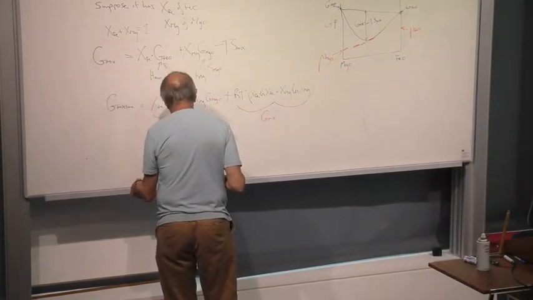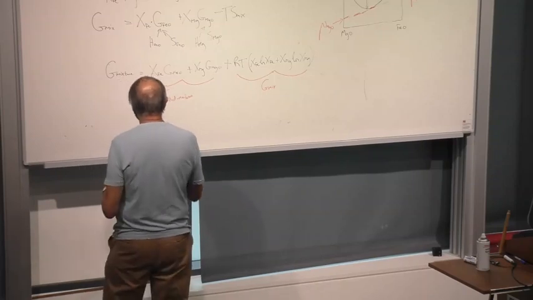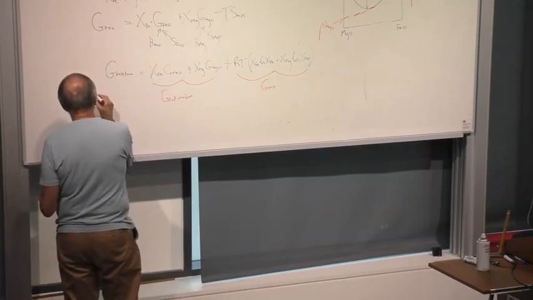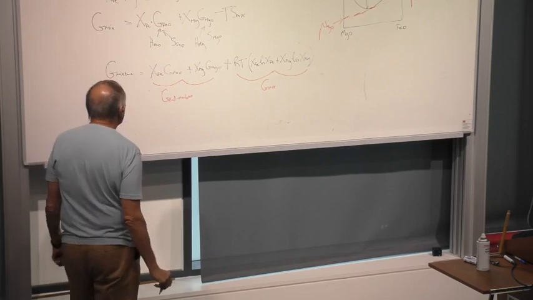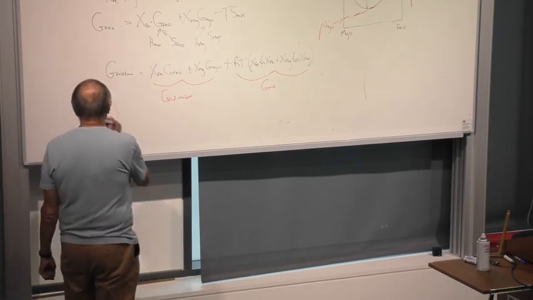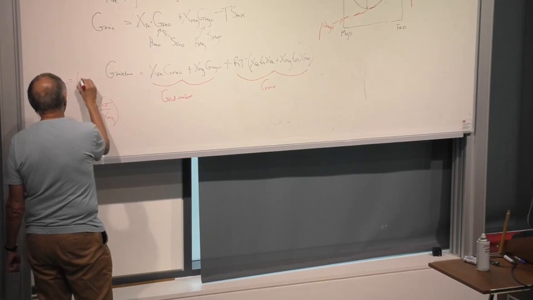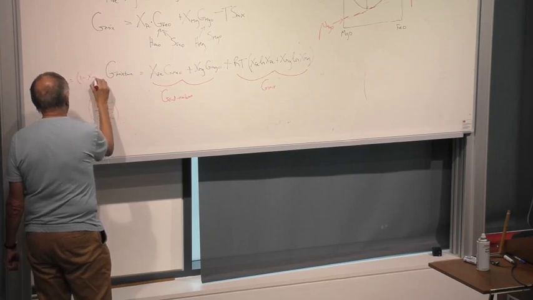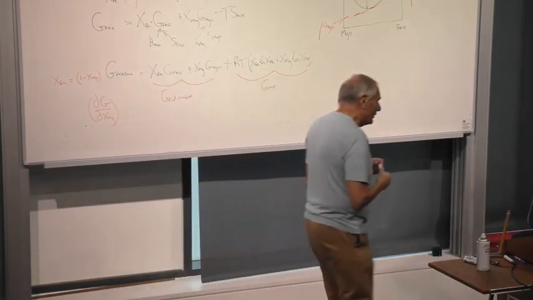So let's differentiate with respect to xMg. And remember that xFe equals 1 minus xMg. So let's make that substitution first.